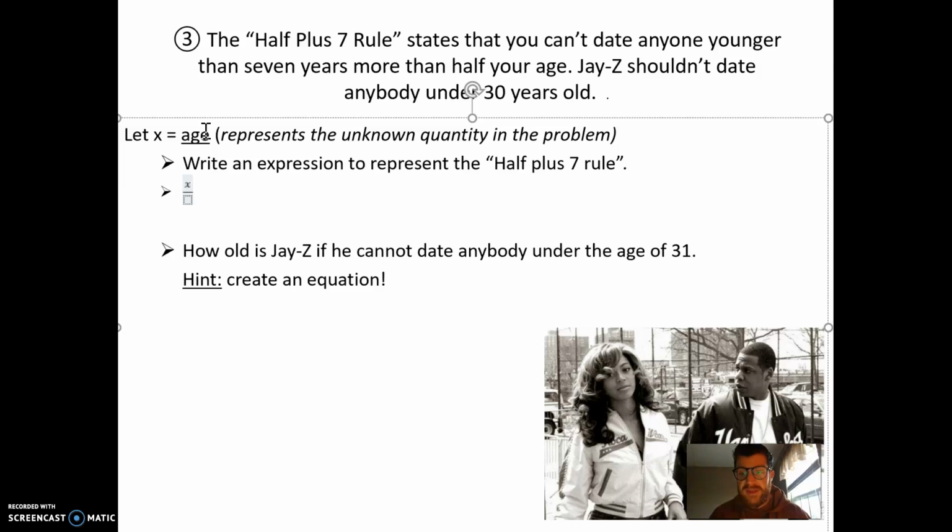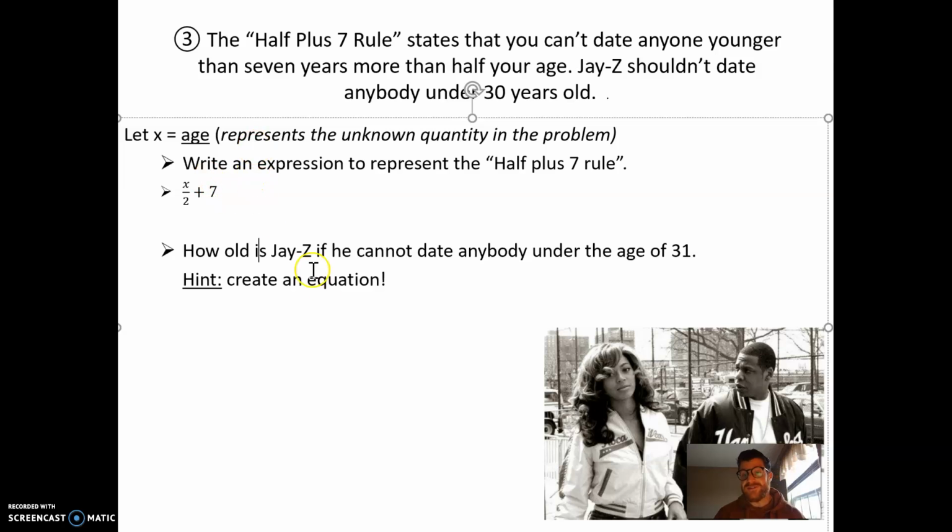Someone else could be 15, someone could be 30, someone could be 40 trying to use this rule. So the age is going to change for everyone. But we do know that consistently we need to divide by 2 for this rule. And then after we divide by 2, it says plus 7. So half, which we did, plus 7. It says expression, so there's no equal sign. So that is the expression.